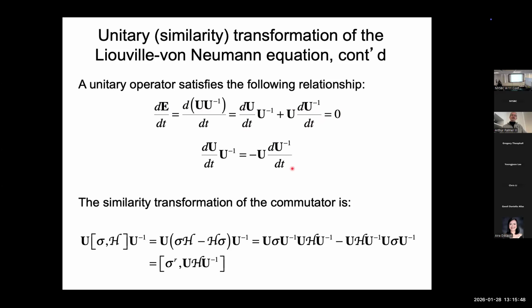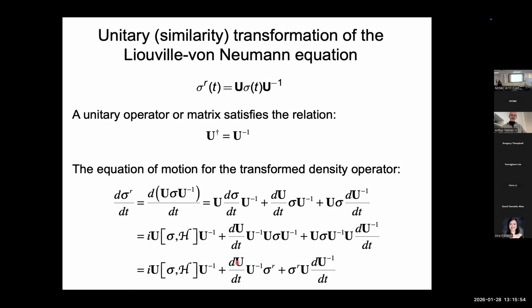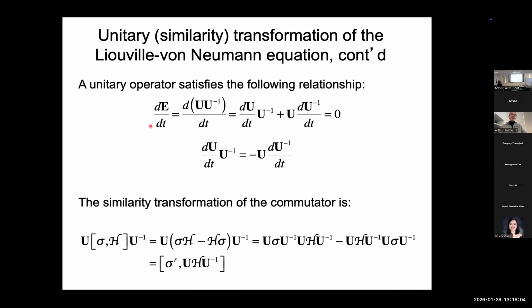So I have a relationship between these two derivatives from the previous equation. Here I have the derivative of U times U minus 1. Here I have the U times the derivative of U minus 1. I want to establish a relationship between them. And I do it by recognizing that their product is the identity, and then I can get a relationship between them.